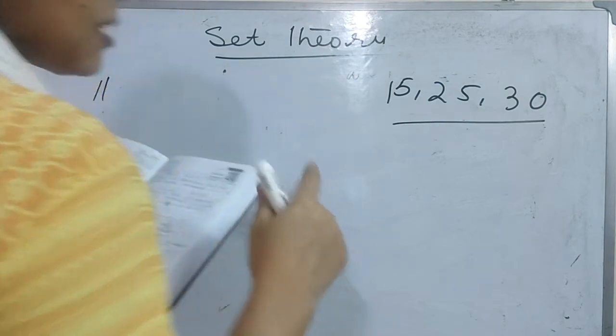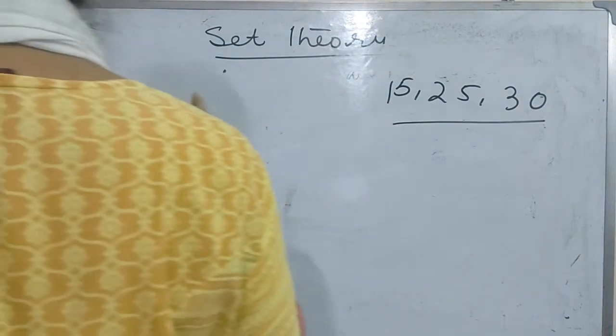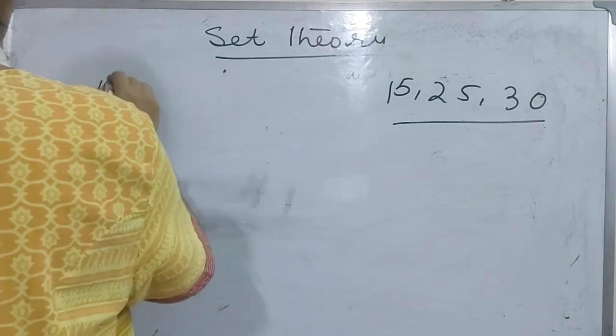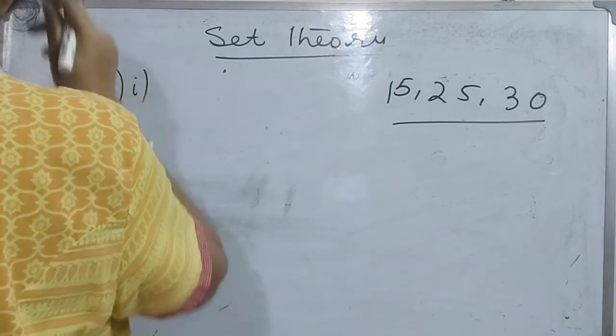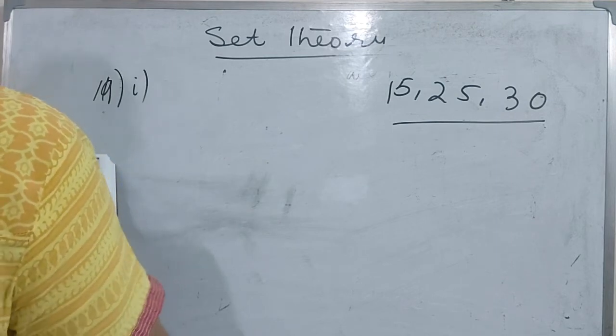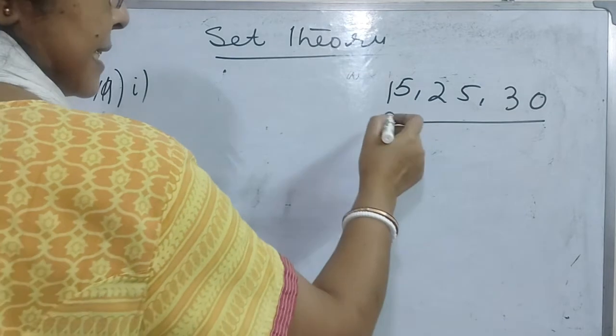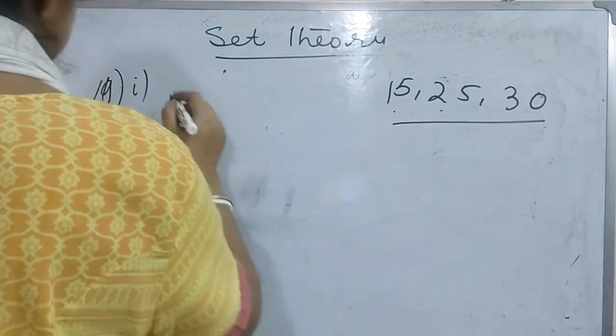The previous sum is a short answer type question, question number 18, and this sum is question number 91. We have to find the LCM of 15, 25 and 30.